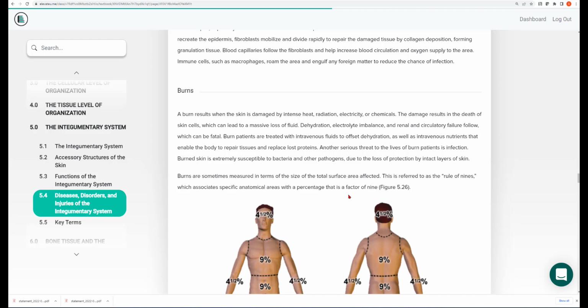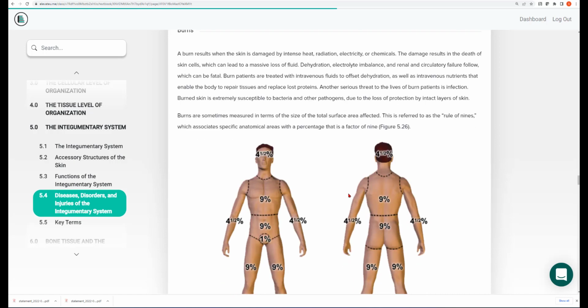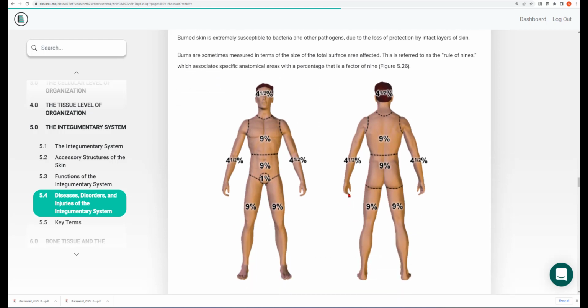Also, when you lose your skin layers to a burn, you also open your body up and make it more susceptible to infection. So you have all sorts of reasons why a significant burn is very dangerous and can be a life-threatening condition.